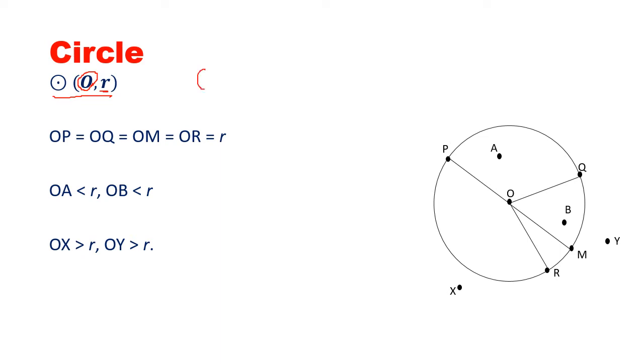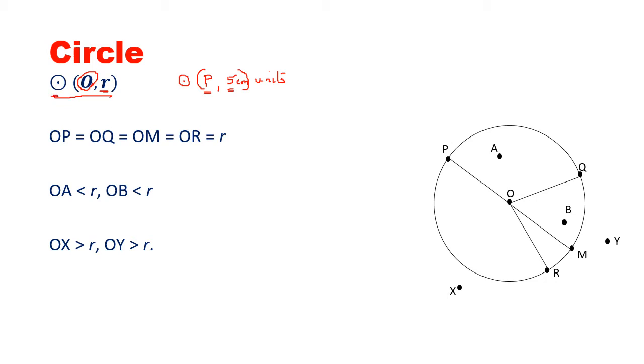If I write C(P, 5), what does it mean? It means we have a circle whose center is P and the radius is 5 units. Why units? We have not mentioned meter or centimeter. So 5 units, otherwise you have to mention 5 centimeter. So this is the notation. How you write the notation?